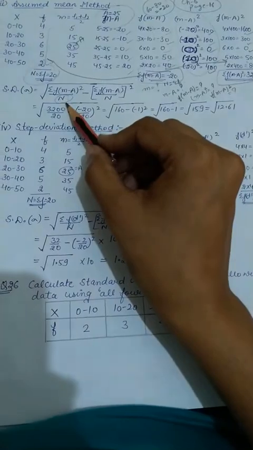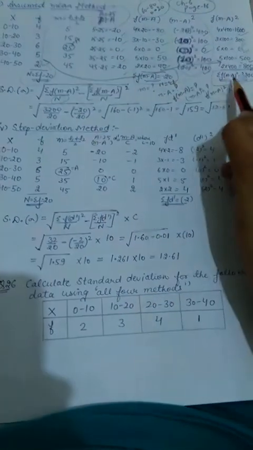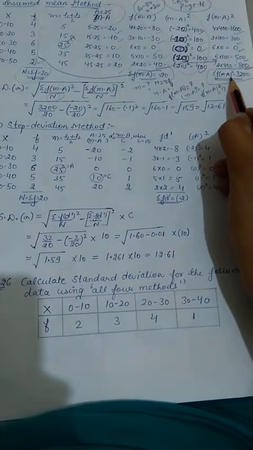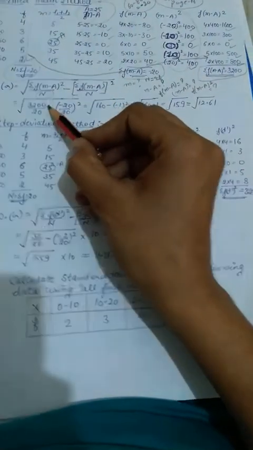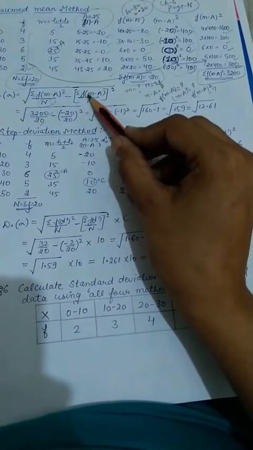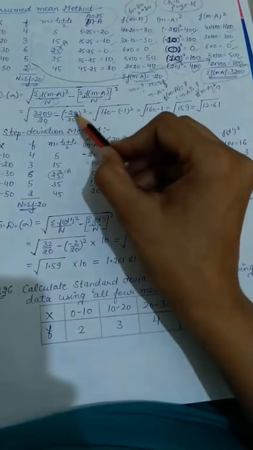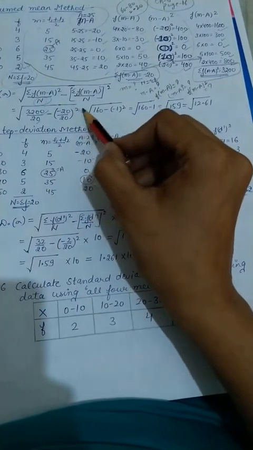Now that you have all the values, come to the formula: sigma f into (m minus a) whole square upon n. So this is your sigma f into (m minus a) whole square, that is 3200 upon 20. Then you have to do sigma f into (m minus a) whole square, this is your minus 20. In brackets you write minus 20 upon 20, whole square.